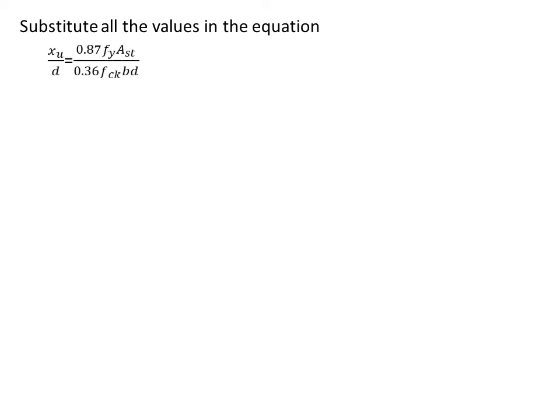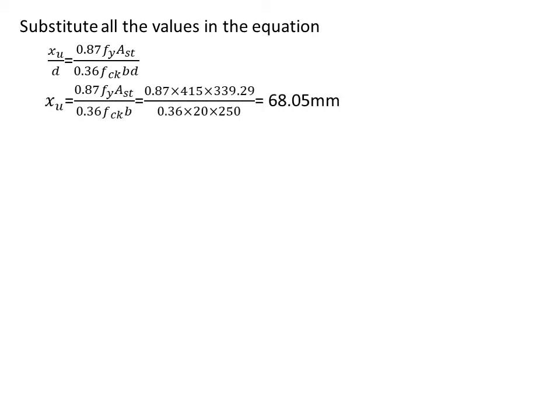Substitute all the values in the equation. XU by D is equal to, this is the equation, 0.87 Fy AST by 0.36 FCK BD, and we substitute it and we get 68.05 mm. From the IS code, we don't have to actually check out the section, but to know which formulae to use to find the moment of resistance, we need to know which section it is.